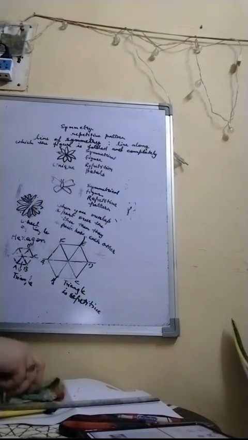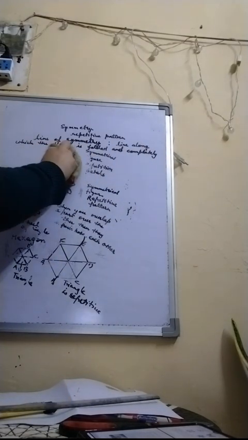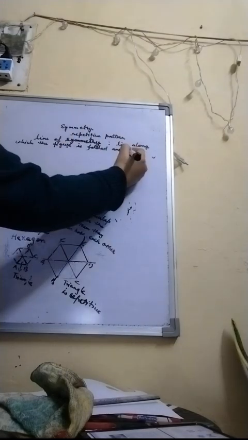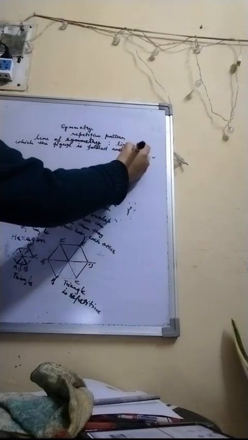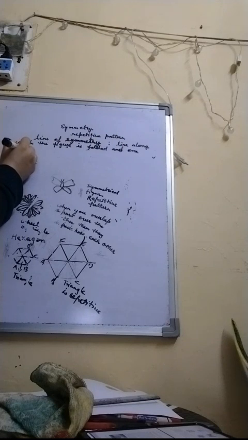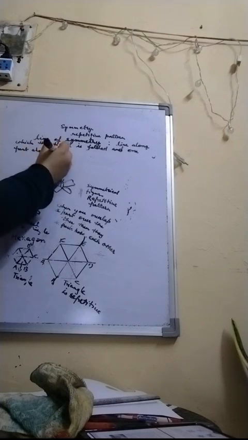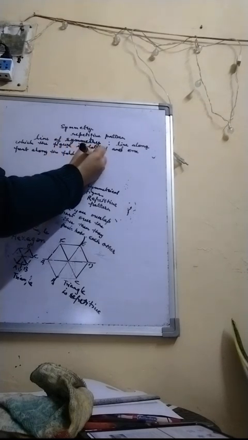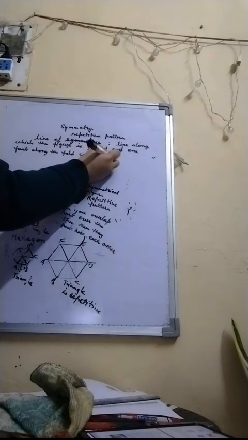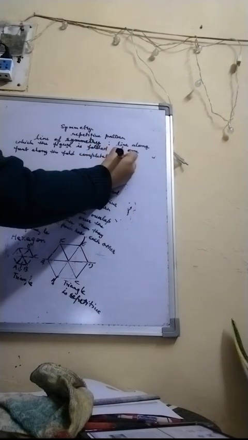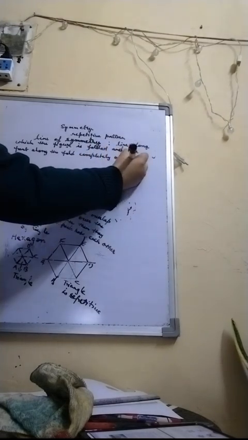You can say that one part along the line, along the fold, completely overlaps the other part. So that is called the line of symmetry.